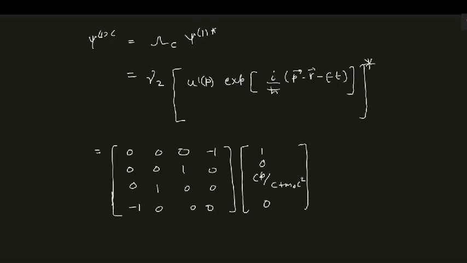This is with that consideration. If you need to learn that, you can watch my video on the parity operator, where I discussed what u1p is and what happens when the particle travels only along the z direction. Now if you complex conjugate this, the plus i gets replaced with minus i, so you will have exponential of minus i by h cross (p dot r minus Et).